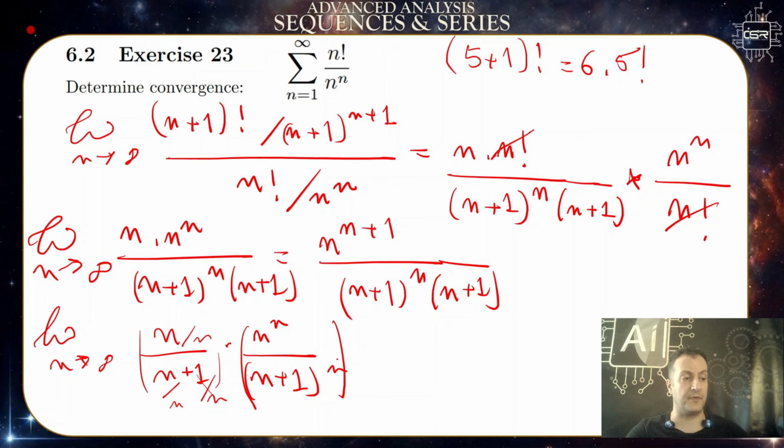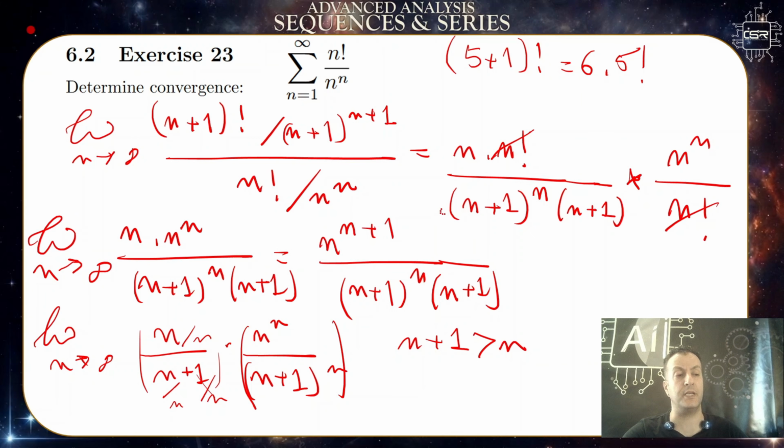As n approaches infinity, you have n to the power of n in the numerator, but also in the denominator n plus 1 to the power of n. Now, n plus 1 is greater than n. As n approaches infinity, the denominator becomes larger than the numerator. Therefore, this quotient decays to 0.